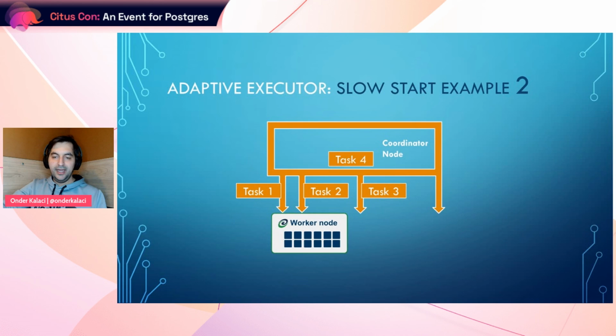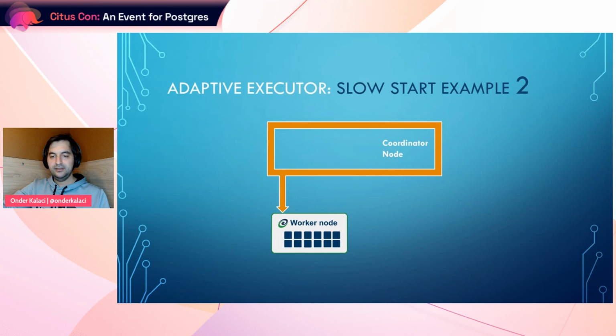And then after another 10 milliseconds, the executor decides, okay, the fourth task also has not been assigned to any pool yet, so it establishes a new connection and assigns the task over that connection. And then as the tasks finish, the executor closes the existing connections, but only keeps the one cached one.